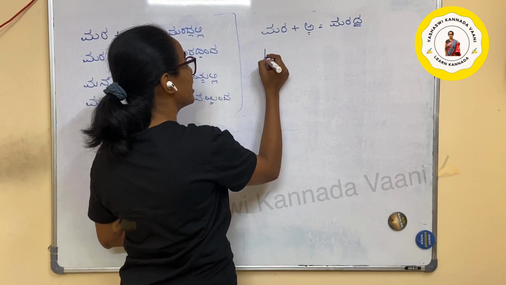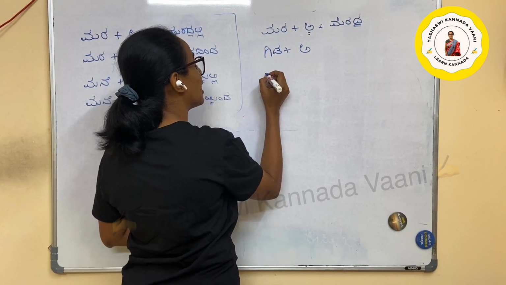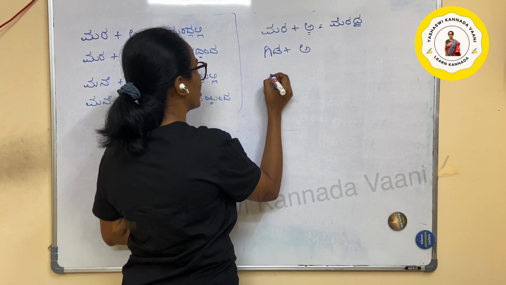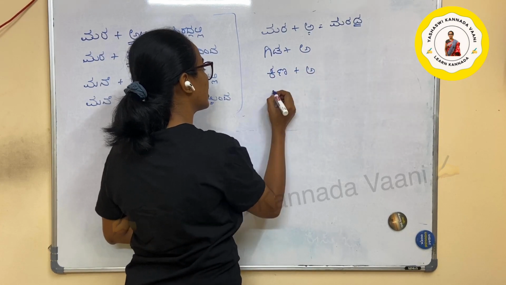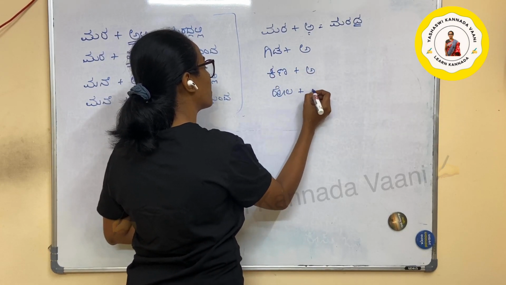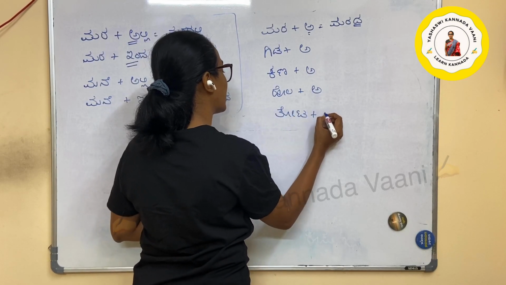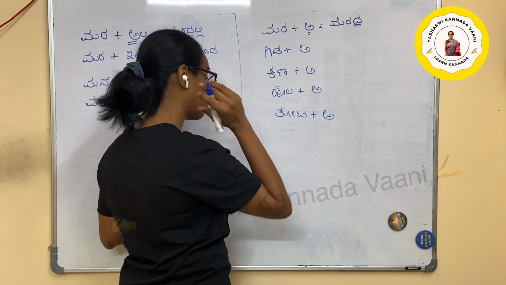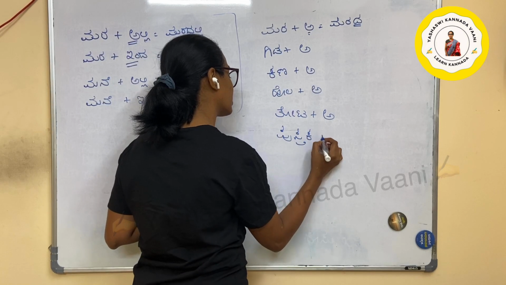Similarly, gida plus a is gidada, kana plus a is kanada, hola plus a is holada. Tota is a garden, hola is a farmland, pustaka is a book, pustakada.